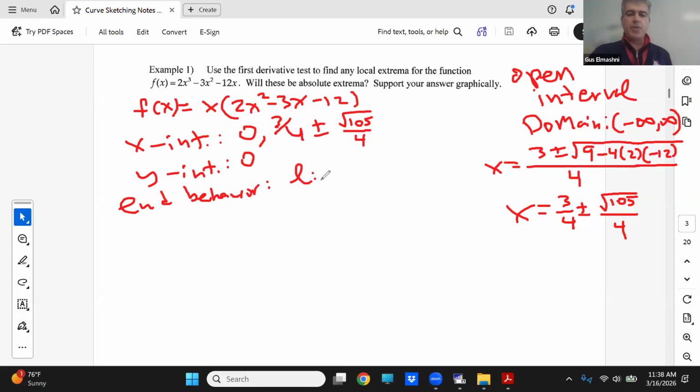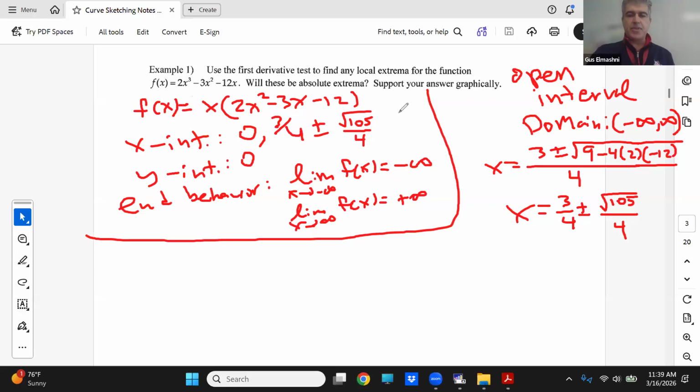Yeah, this is where I do care about you running limits. If you go to the left, it's going to be down. And if you go to the right, it's going to be up. You guys okay with that? I'm pretty sure you talked about that in Mr. Van's class. Good. All right.